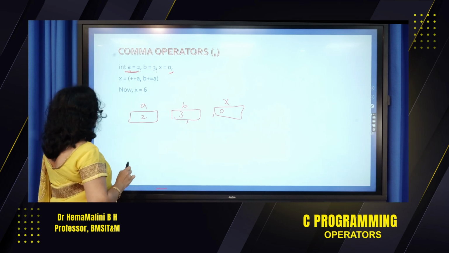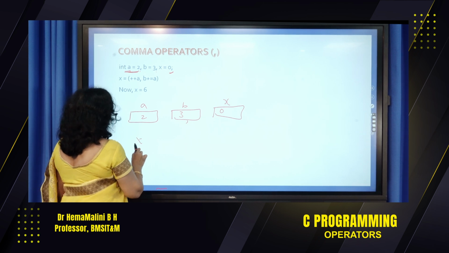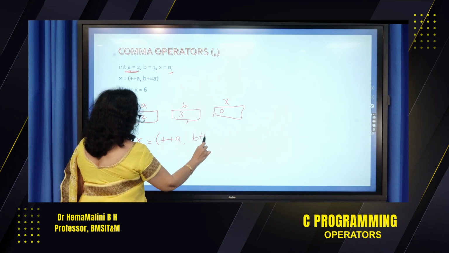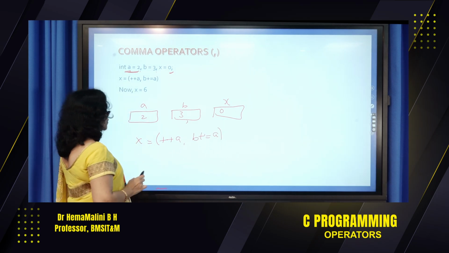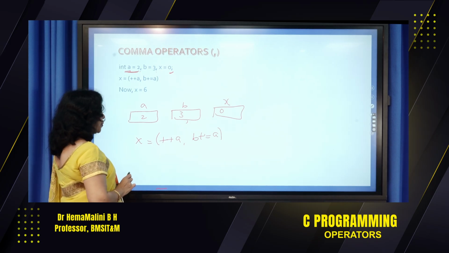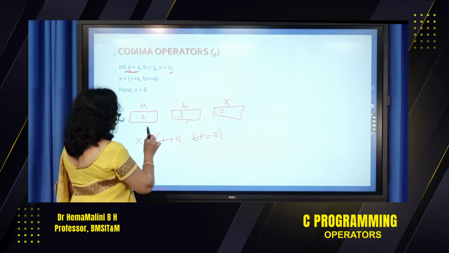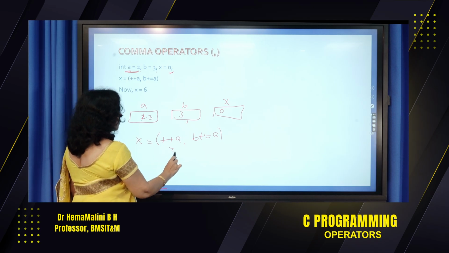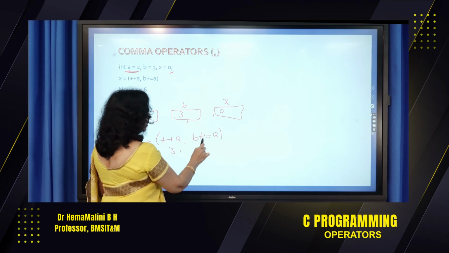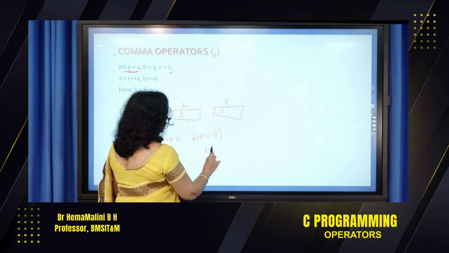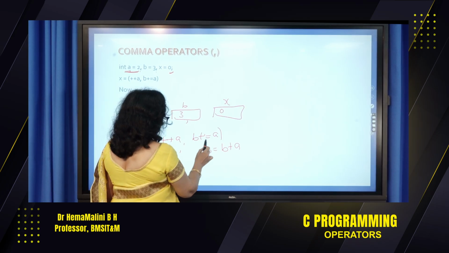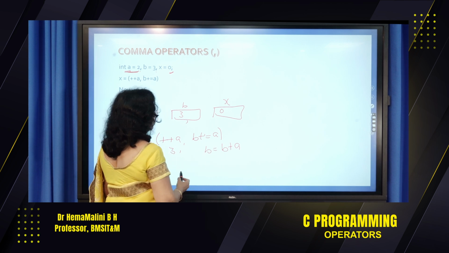Now, let us see one example here. x equal to plus plus a, comma, b plus equal to a. So, what is x going to get? First, we will increment a. So, a is actually 2, this a becomes 3. Then, b plus equal to a means b equal to b plus a.